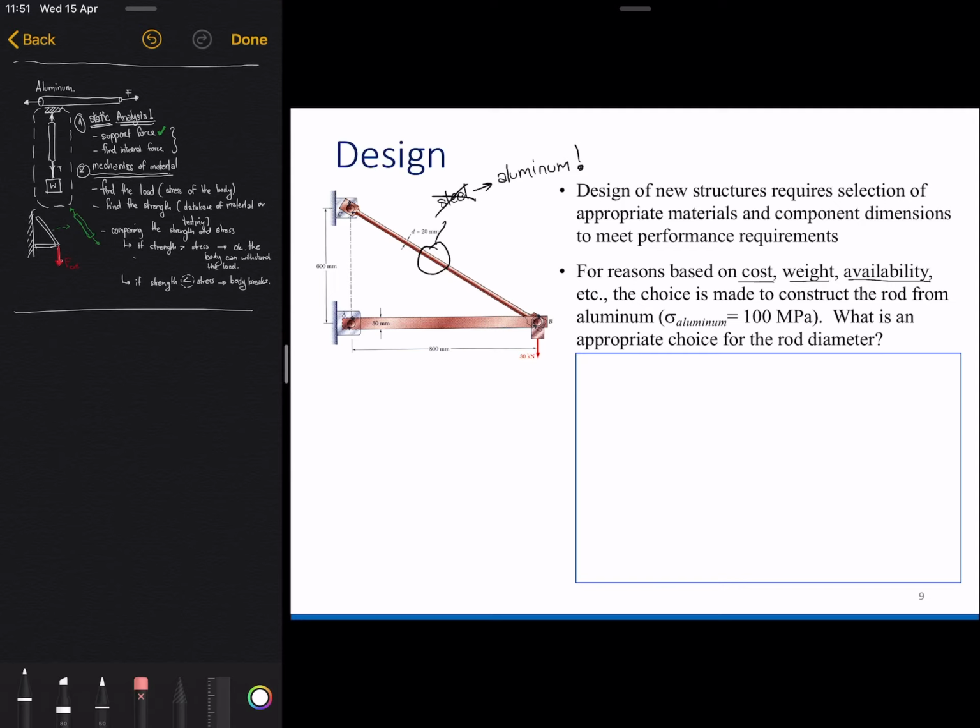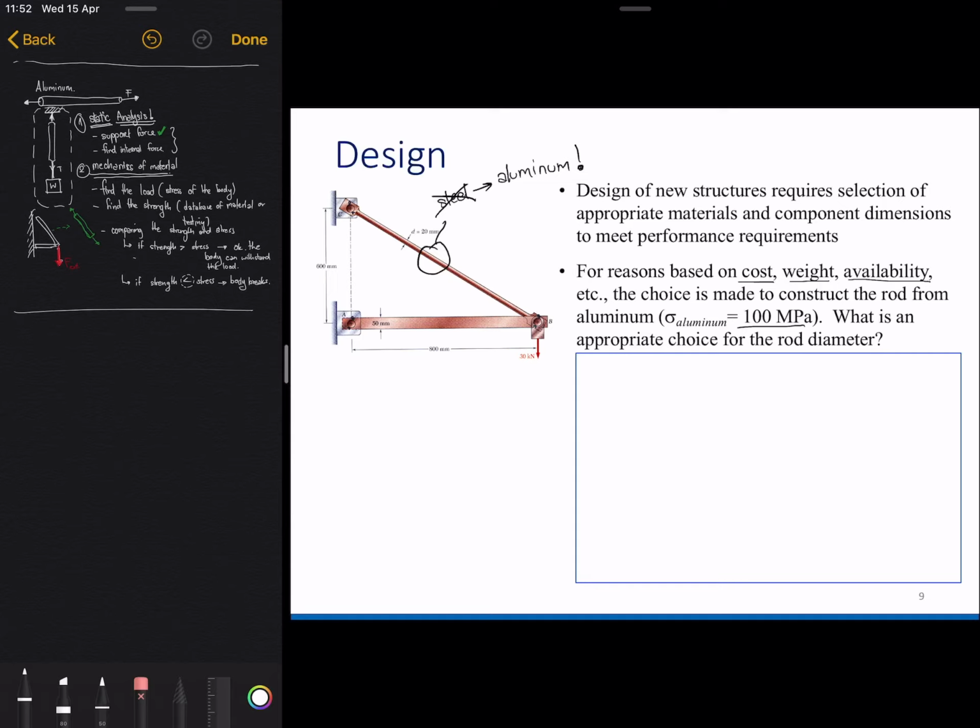But the problem is that aluminum, of course, has less strength than the steel bar. So we have a strength of 100 megapascal.